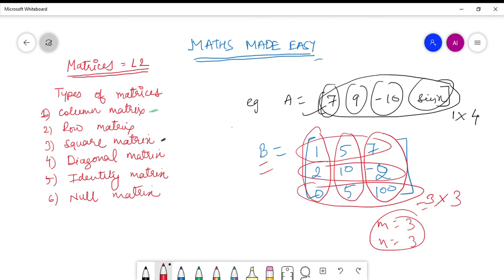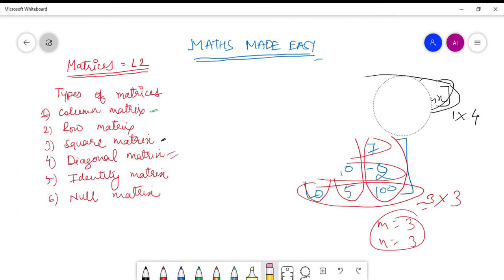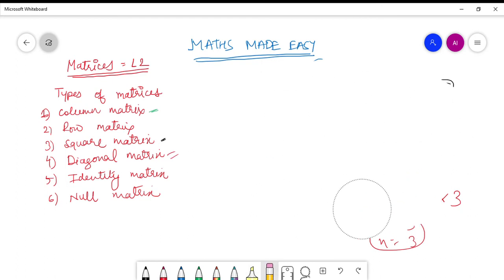Now a diagonal matrix. Let's remove all this and take one example for that. For a matrix to be a diagonal matrix, first it should satisfy the square matrix condition, that is it should have the same number of rows and the same number of columns.